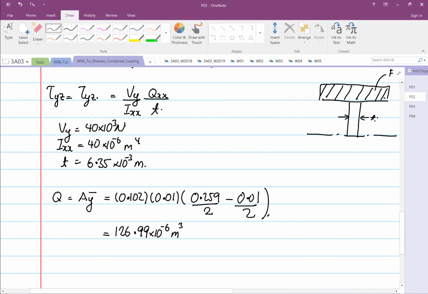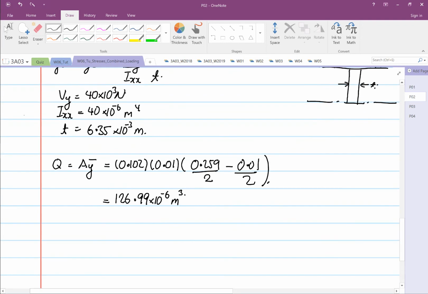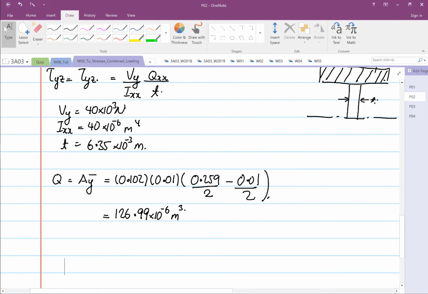Okay, I just want to be sure: 0.259 divided by 2 minus 0.01 divided by 2, times 0.01, times 0.102, gives 126.99. So from here we're going to find our shear YZ.